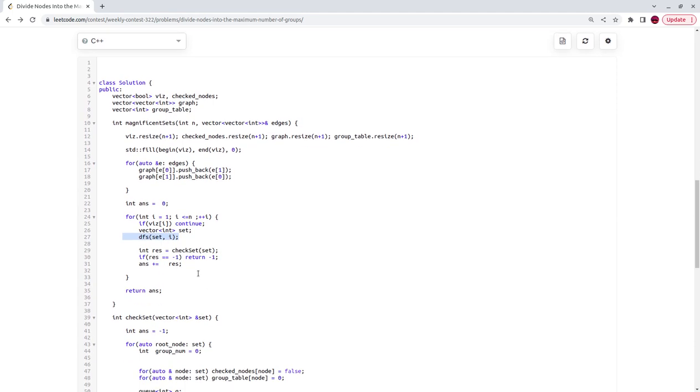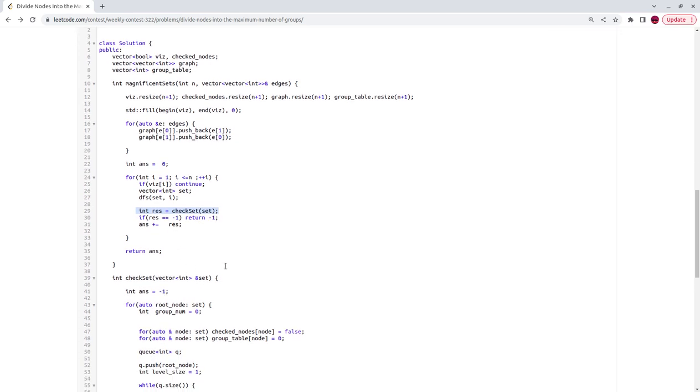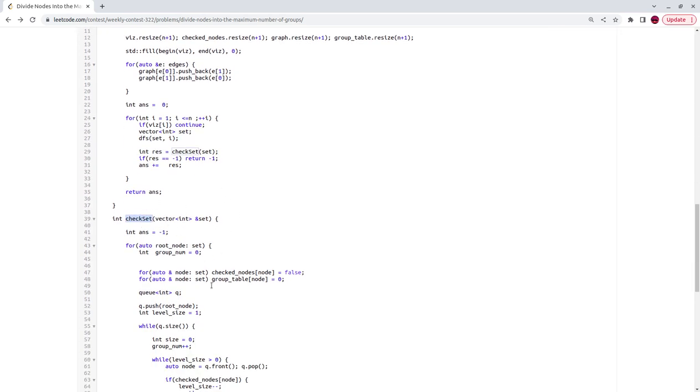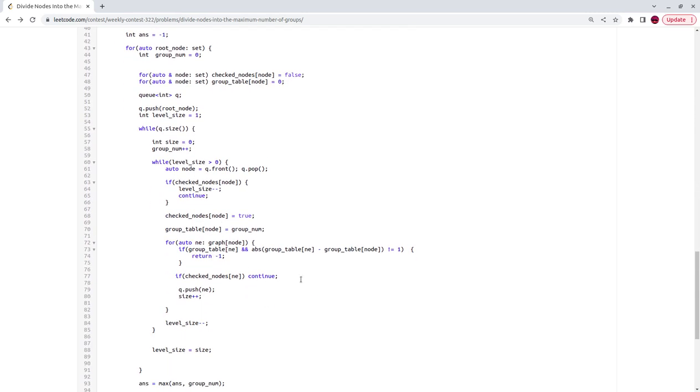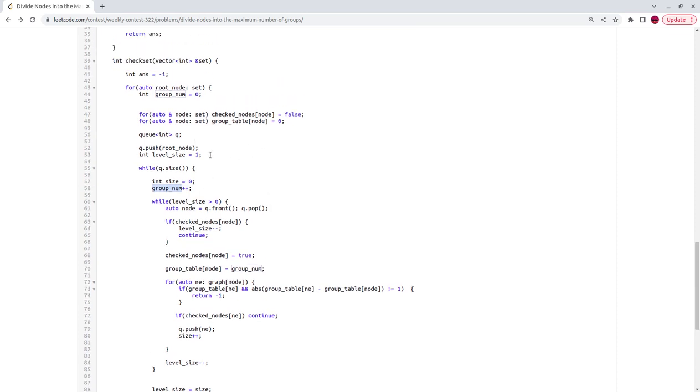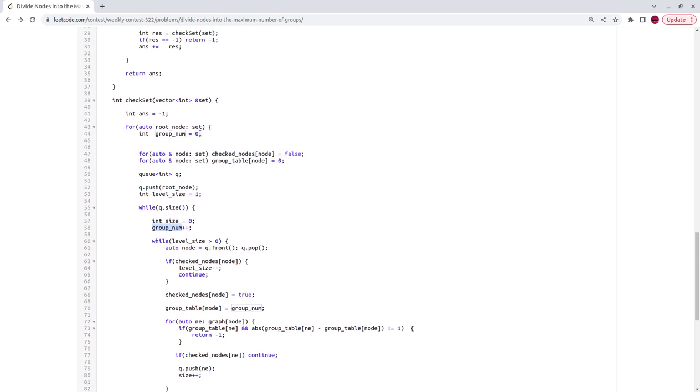So after we collected the set, we need to find the solution for this set using the PFS algorithm, in the check set function. We have a queue, and we have the group number. Initially it's 0.